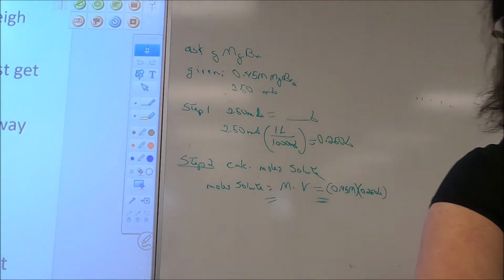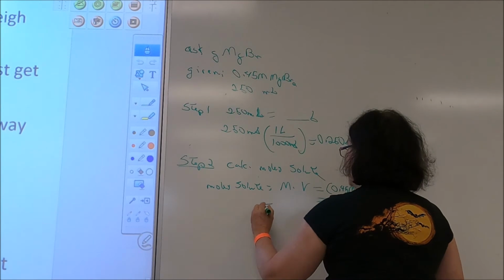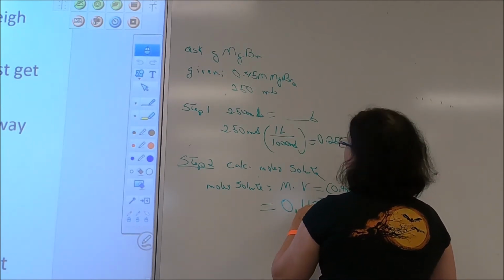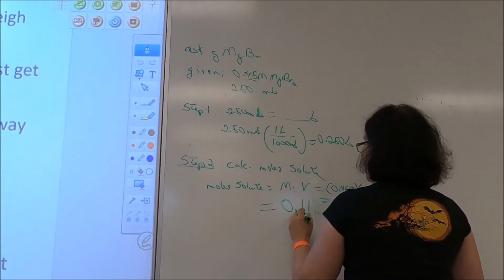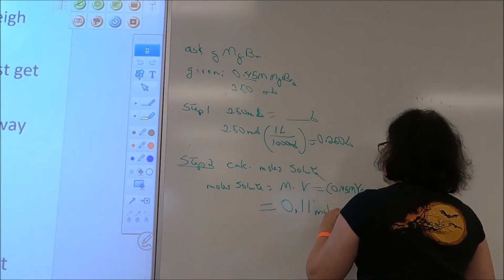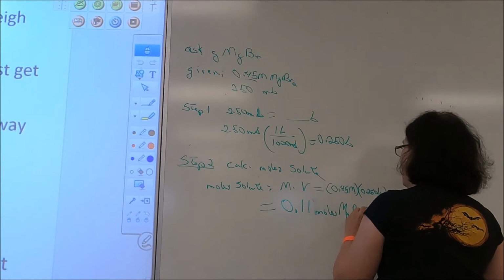We do the math. 0.45 times 0.250, I get 0.113. Well, actually, I limited myself to 2 significant figures, so 0.11 moles of magnesium bromide.